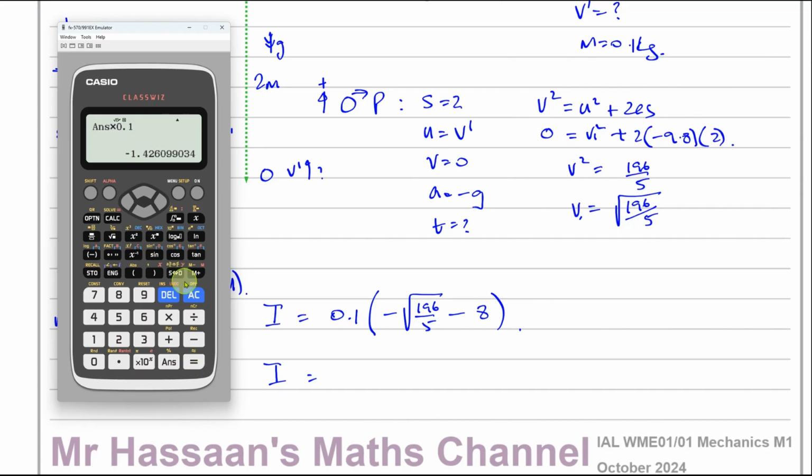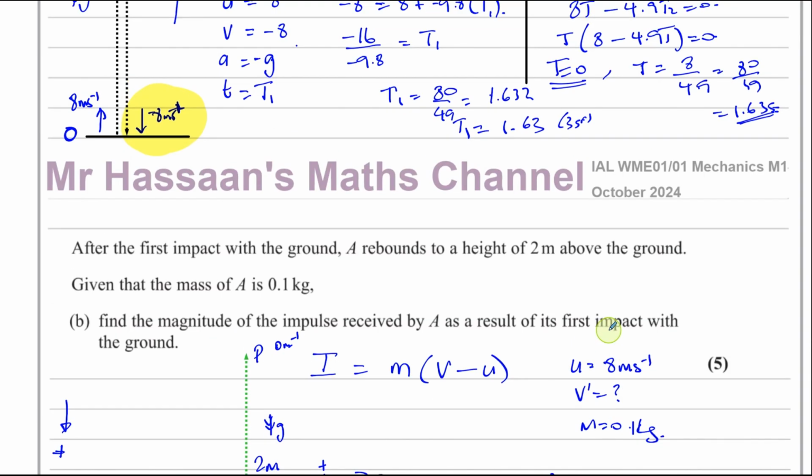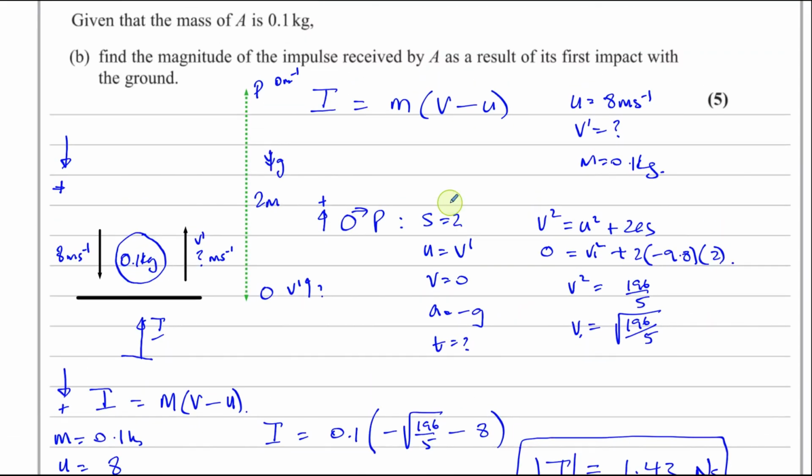That gives you negative 1.426. So the magnitude of the impulse received by particle A is equal to 1.43 Newton seconds. Impulse is given as Newton seconds. So there's the answer to part B.